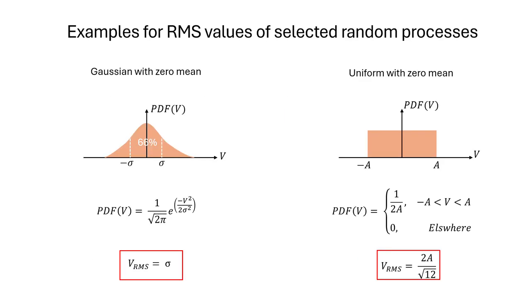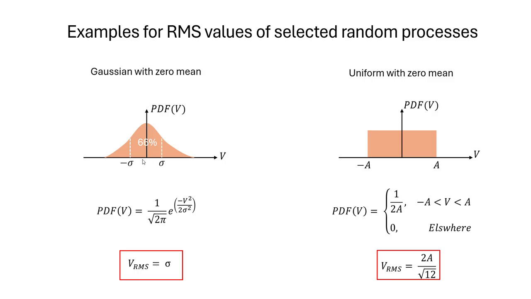So here again, like what we had for deterministic signals, we've got some examples of RMS values for some random processes. A very useful and practical random process is a Gaussian random process with zero mean, where its PDF is sketched using this bell curve here.